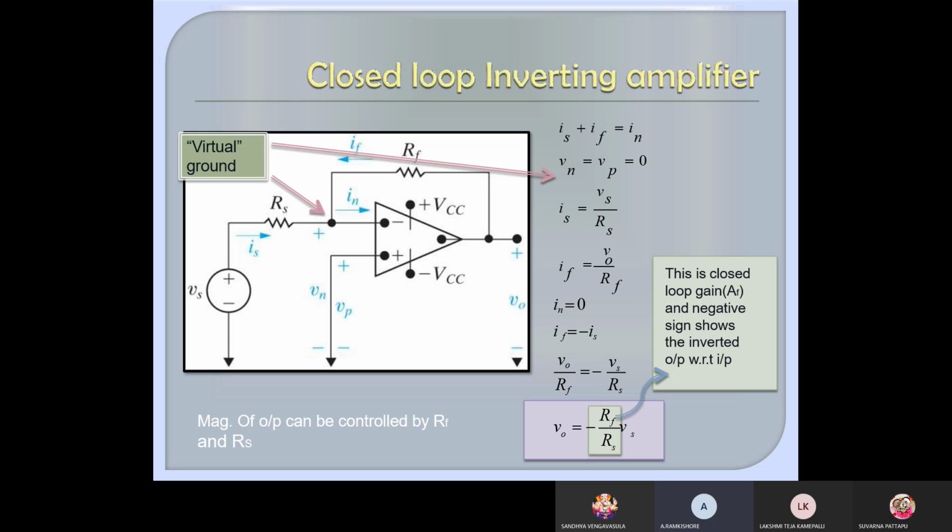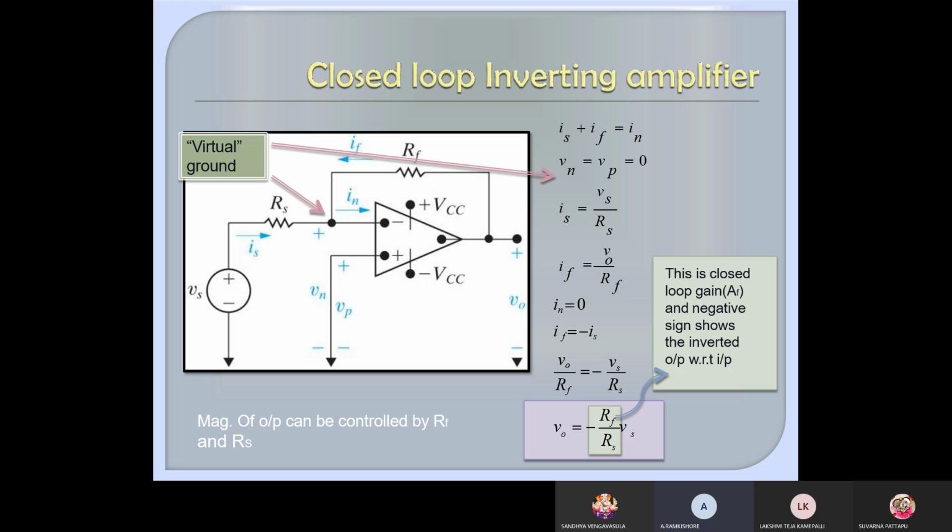Then the feedback current IF depends on the output voltage by RF, so IF is V0 by RF. Then In is equal to 0. So in this equation, if In is equal to 0, then IF is equal to minus Is.